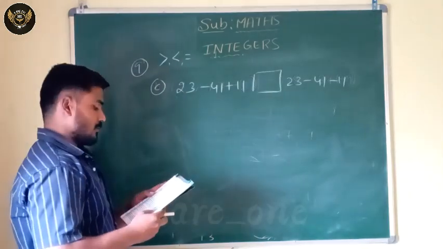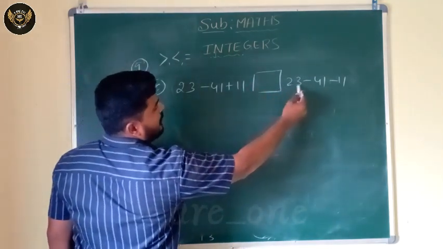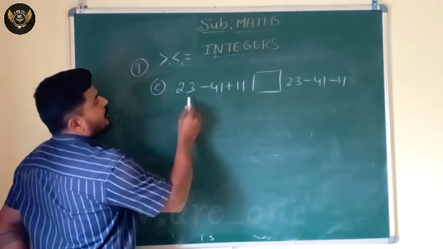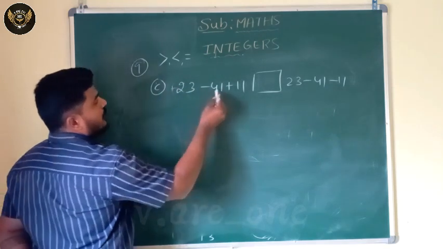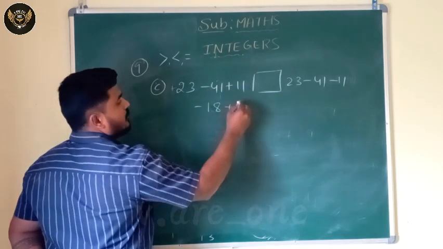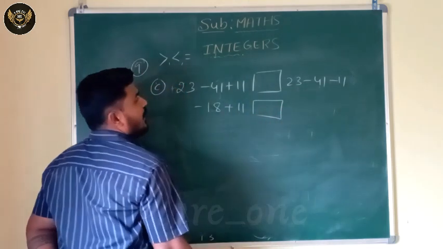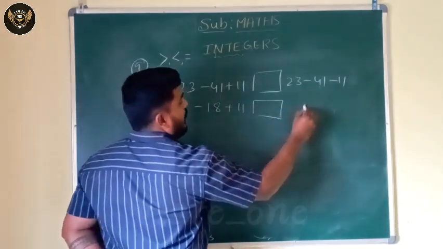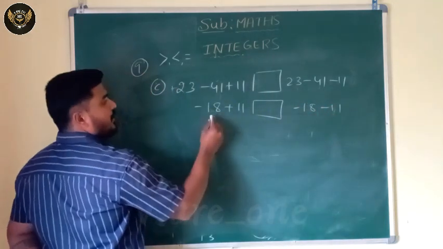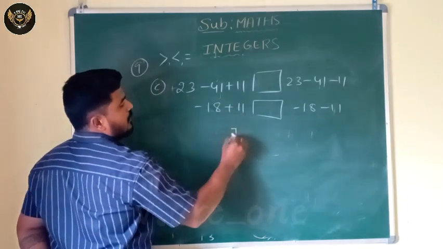Next, see, 23 minus 41 plus 11, dash, 23 minus 41 minus 11. If you subtract these two at the first step, 23 minus 41, the greatest number minus the smallest number, we get 18. The greatest number has minus, so minus 18 plus 11. 23 minus 41, again similarly as this step, we got 18 with greatest number minus, again minus 11. 18 and 11 have opposite signs, so we have to subtract. 18 minus 11 is 7.